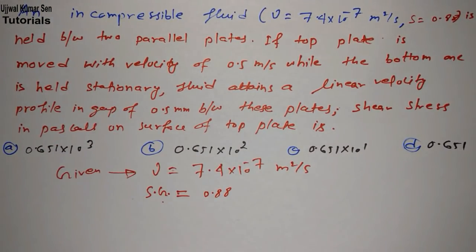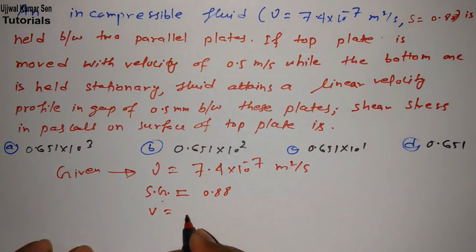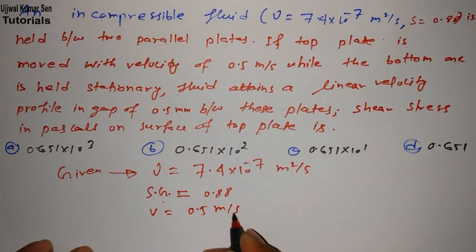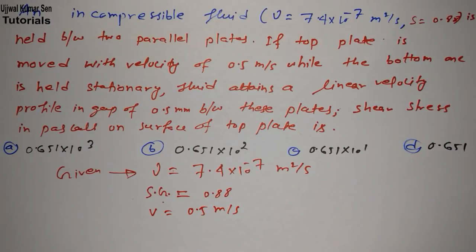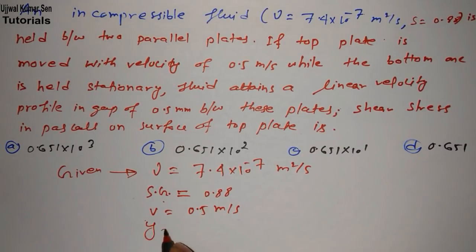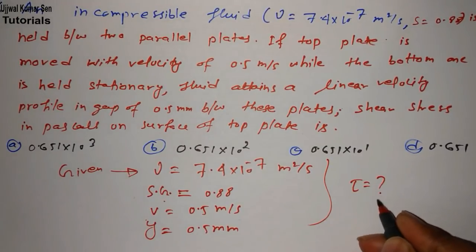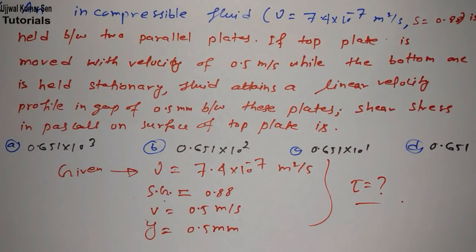If top plate is moved with velocity v is equal to 0.5 meter per second, while the bottom one is held stationary, fluid attains a linear velocity profile, gap y is equal to 0.5 mm. Now between this, shear stress in pascals on surface of the top plate. So I have to find out tau is equal to what. This is the question exactly.